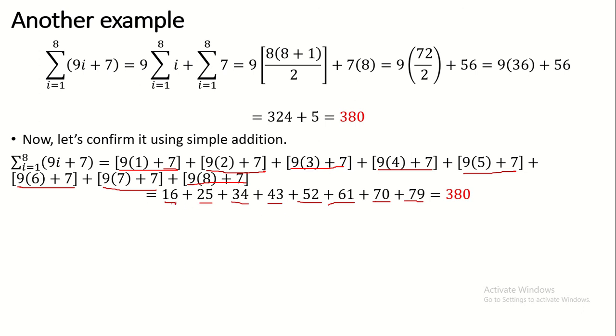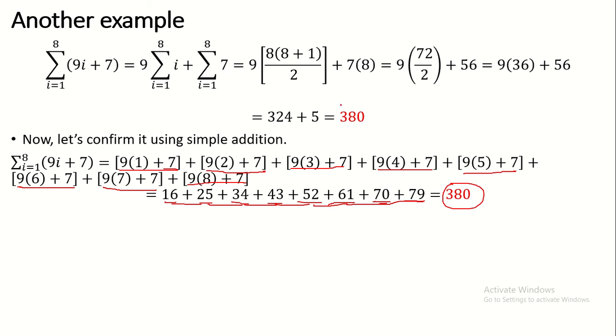So 16 plus 25 is 41. 41 plus 34 is 75. 75 plus 43 is 118, plus 52 is 170, plus 61 is 231, plus 70 is 301, plus 79, we have 380.